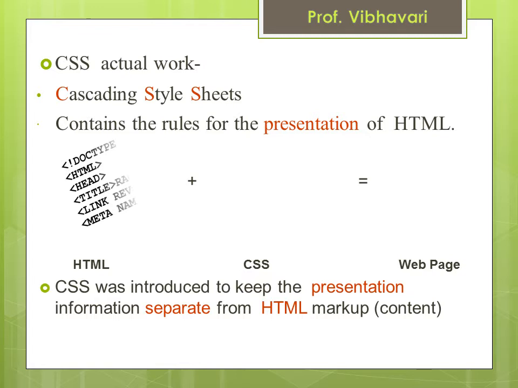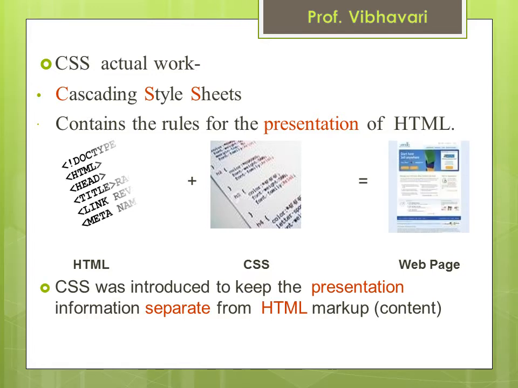In that code, whatever styles we require to include, those styles are represented by the CSS, and the HTML plus these style sheets, style rules, are shown as the web pages, but in an effective manner, because we applied various style sheets over our basic HTML code. So CSS was introduced to keep the presentation information separate from the HTML.